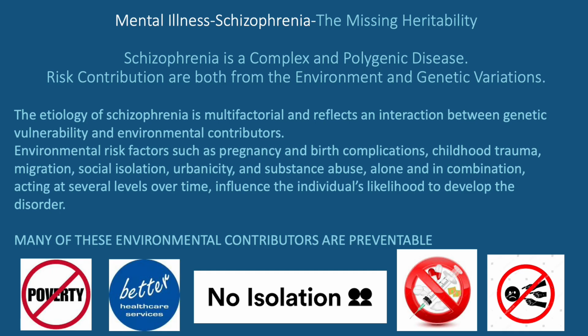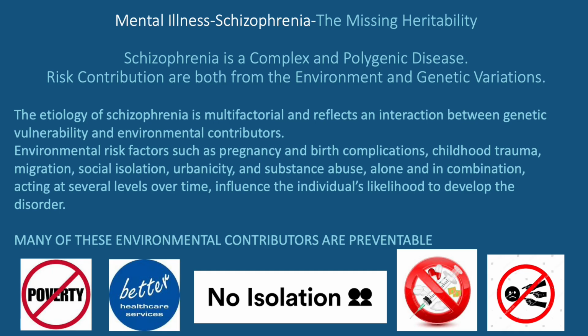genetic variations that we have been talking about. In fact, when we look at heritability, genetic variation explains maybe a little bit more than 20% of the heritability, while twin studies, we saw, explain around 80% of the heritability, suggesting that there is what we call a missing heritability of schizophrenia.